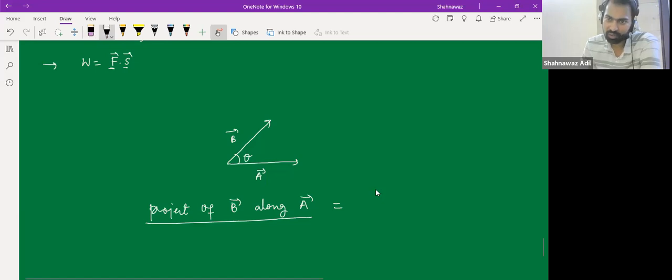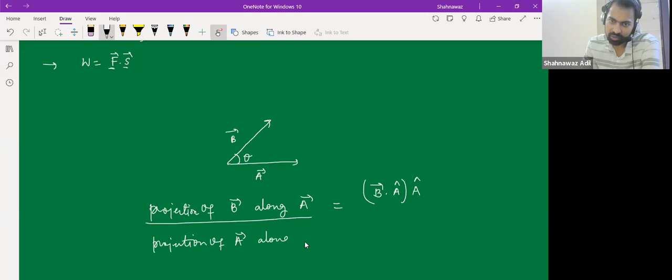This would be B dot A, divided by the magnitude of A. And if I want to calculate the projection of vector A along B, how much would this be? This would be A dot B hat divided by this.